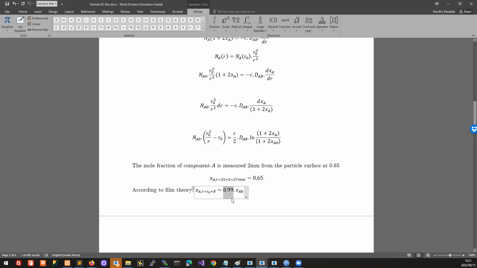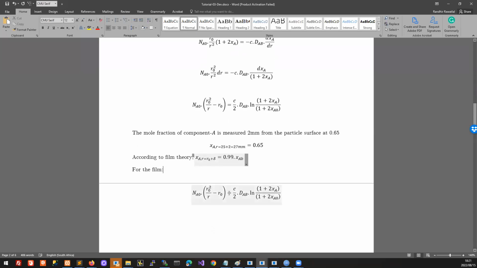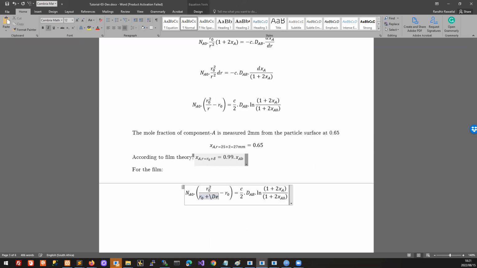So this is just 0.99. And so this has now defined for us another X position. Now we want to solve this equation for the film. So for the film, our R value is now R naught plus delta, the lowercase delta.